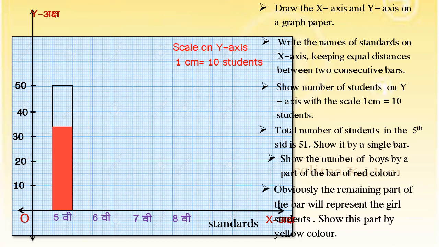We are going to show this part by yellow color. Okay, so in this way total number of students is 51. Out of these 34 are boys and remaining 17 are girls. This is a subdivided bar graph.